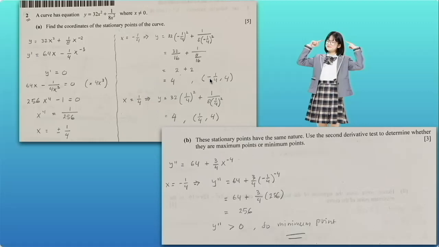So I choose x equal to -1/4, substitute this into y double dash, and the answer is 256, which is greater than 0. Therefore, both stationary points, they are minimum.